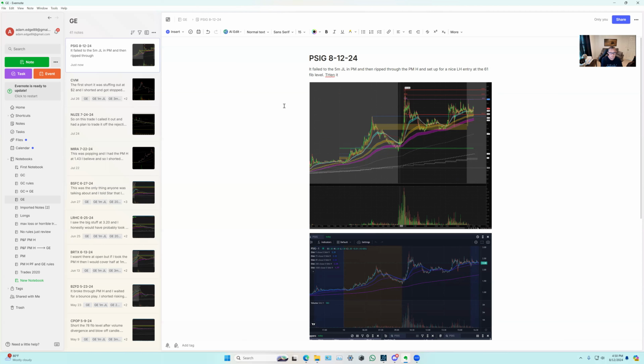Then it faded to the 5 minute J lines. And then down at the bottom, this is what I really like about it, because this I would consider a gap and crap to gap and extension.